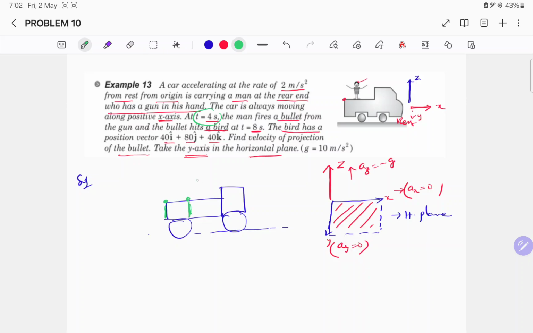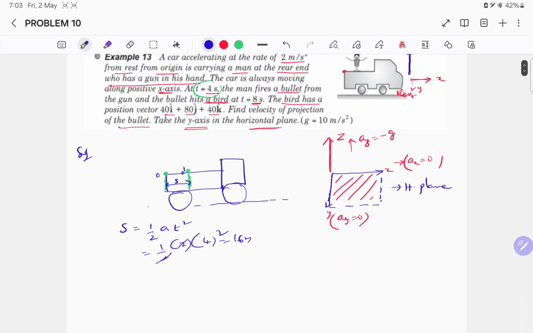He also occupies a new position, say it is O dash. Now along the x-axis, let s be the distance traveled by the boy along with the truck, which I can call half a t square, because the initial speed of the truck is 0. So half a given as 2, t is 4, so you will get 16 meter, right?